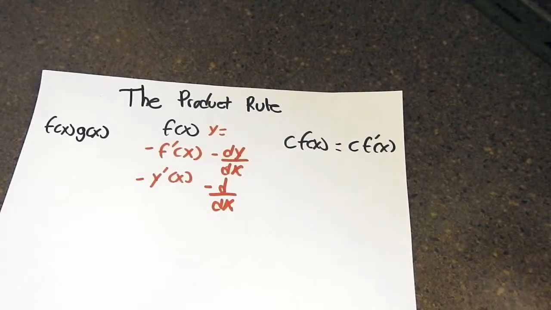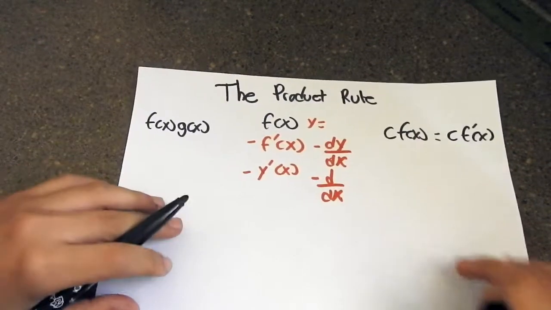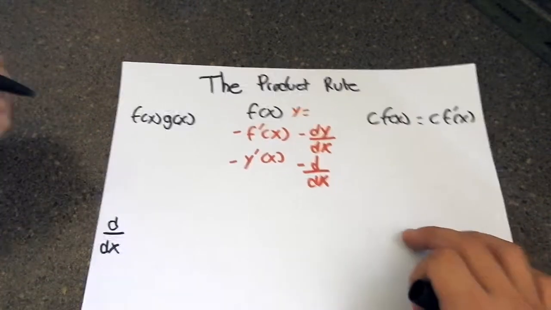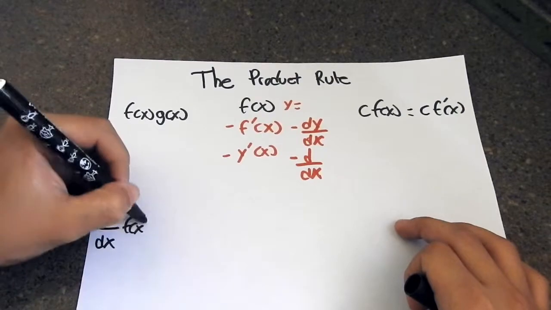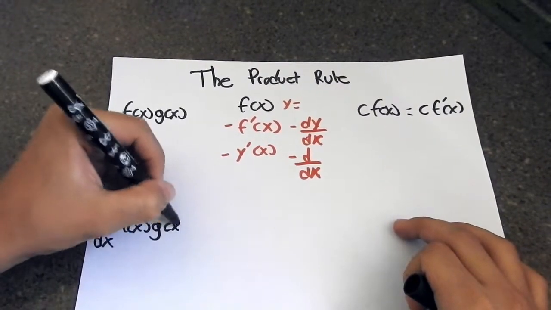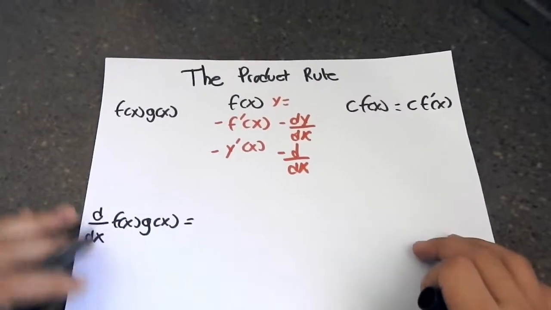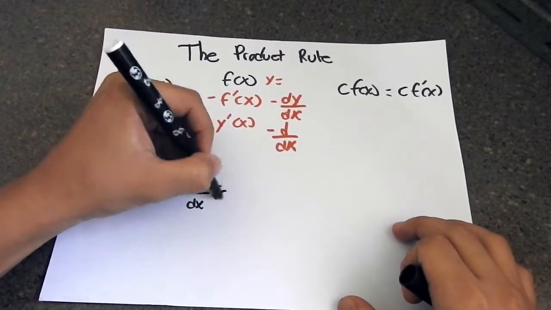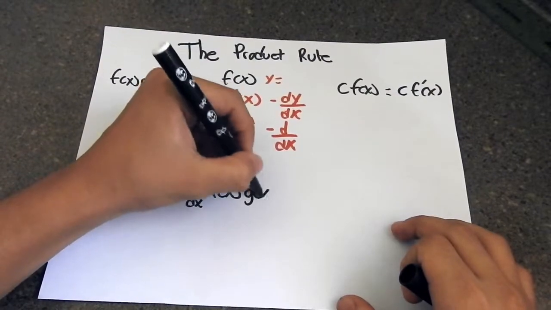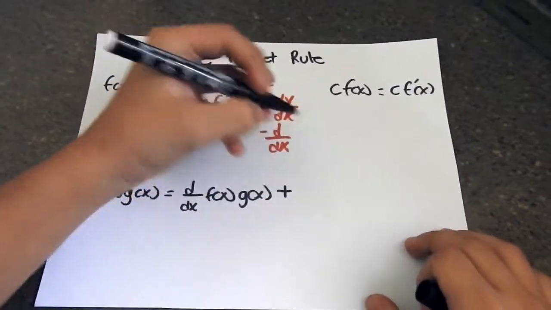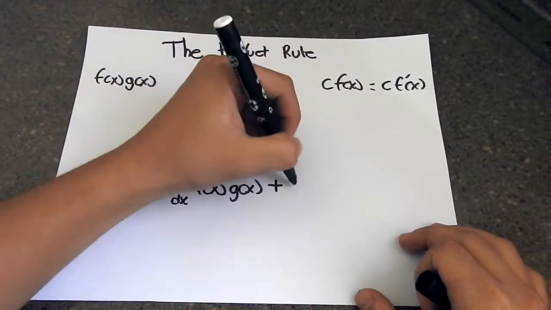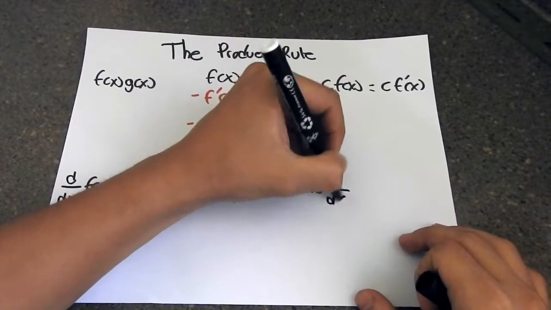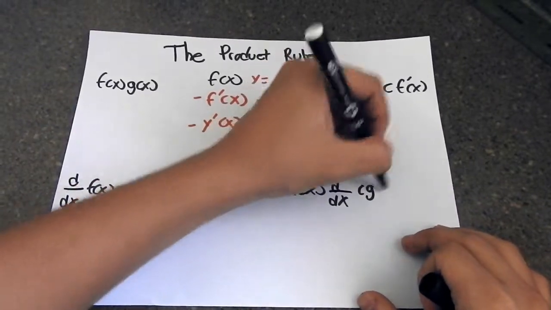So now to introduce you to the product rule, we know that the derivative dy over dx of f of x times g of x is going to be equal to the derivative of f of x times g of x plus f of x times the derivative of g of x.